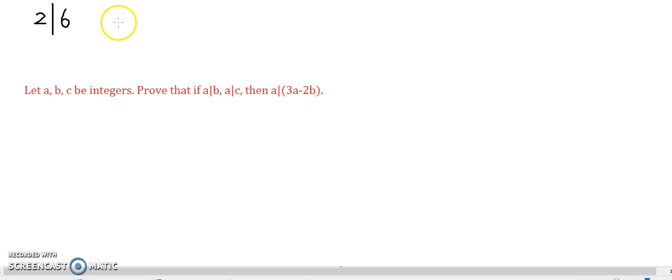For 2 goes into 6, we don't really have to explain it. Everybody understands what it means.